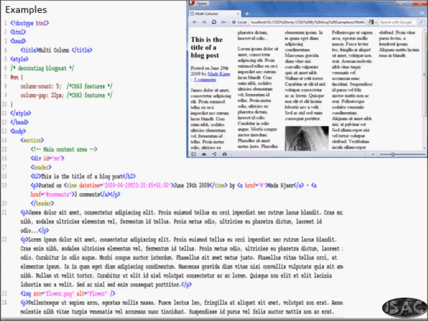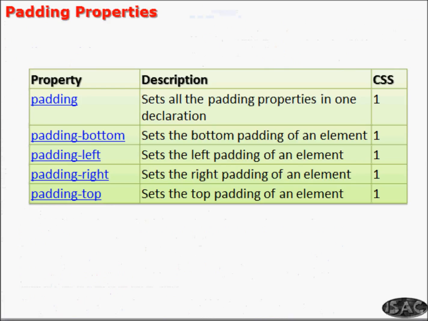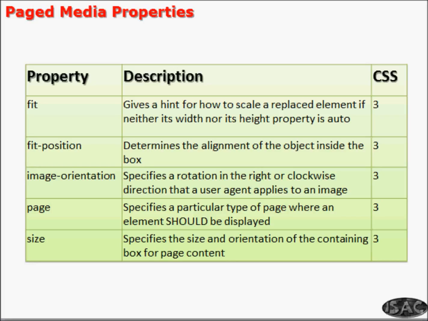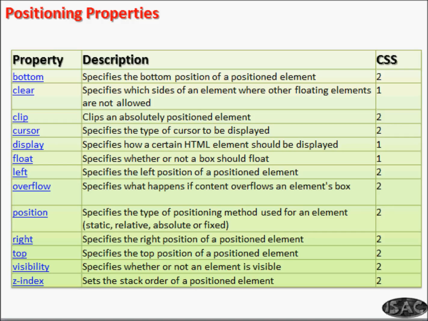Well, there are some padding-related properties that we already understood in CSS1, and there are some new features with page media properties like fit, position, image orientation, and size. These are not supported by any of the browsers. Now the positioning properties: bottom, top, left, right, overflow, position, visibility, z-index.